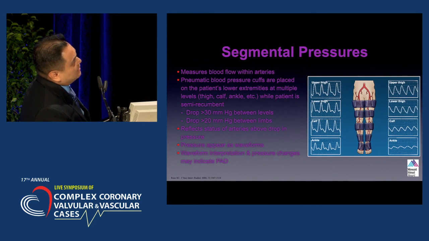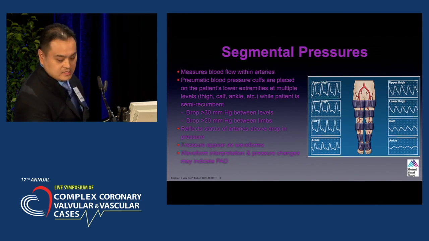And basically, a drop of blood pressure greater than 30 millimeters of mercury between the levels may indicate PAD, and a drop of greater than 20 millimeters of pressure between the limbs may indicate PAD. So the waveforms are interpreted and the pressure changes may indicate PAD, like I said.